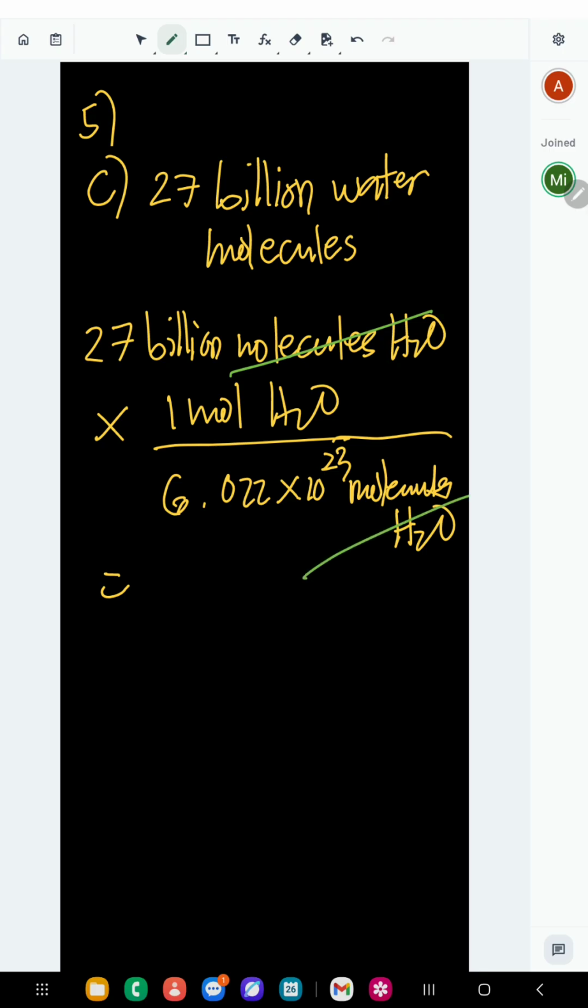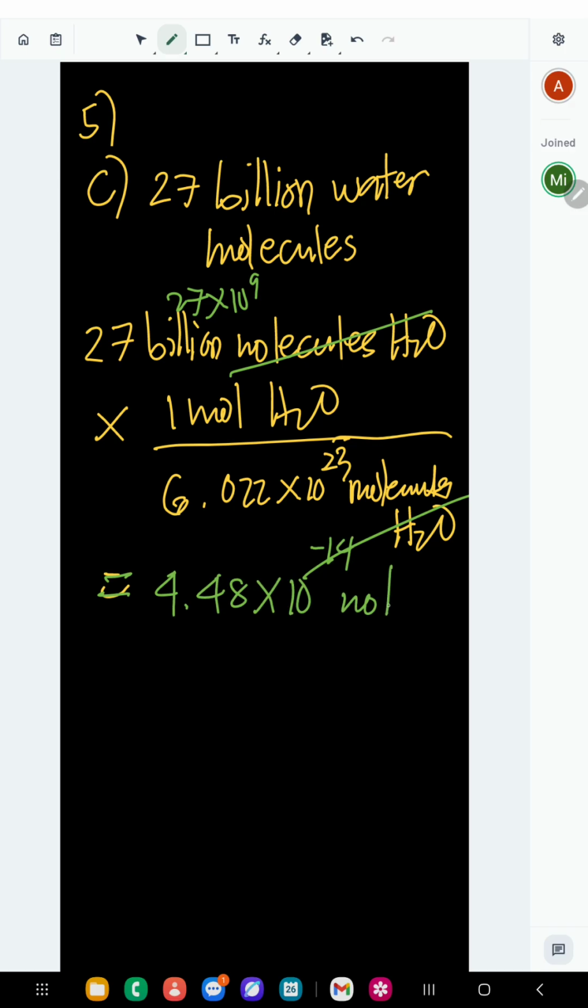So what is 27 billion divided by 6.022? 27 billion can be written as 27 times 10 to the 9, right? Okay, so that's correct.